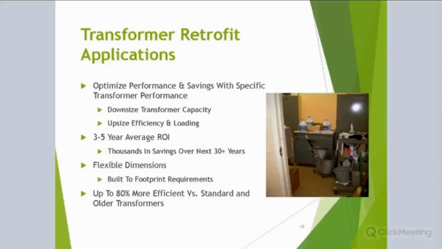Typically it's a 3 to 5 year return on investment. So after the 3 to 5 years, you're now saving that money moving forward. That is a very short payback and high energy return if you look at the life of your facility. And a transformer takes no maintenance.